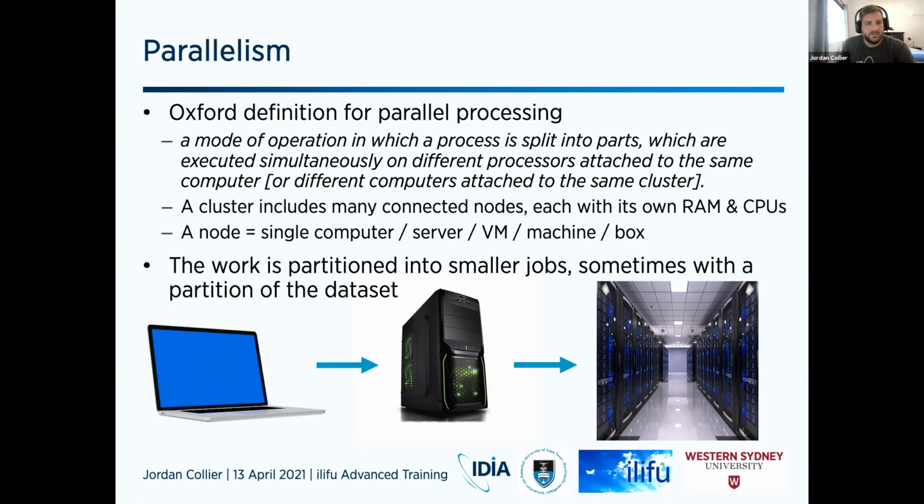And this is very much, I guess, the language. So when we say a node, we're talking about a single computer or server or virtual machine, or even machine or box. And a cluster is many of these connected together. Each has its own RAM and CPUs, and some processes can make use of multiple at once, as I'll go on to talk about.